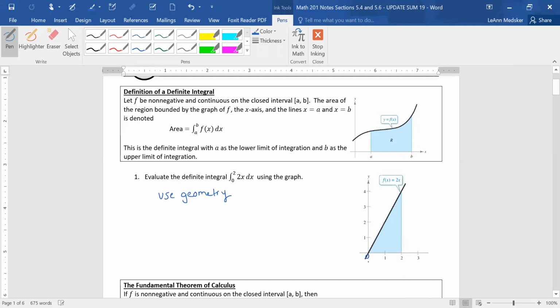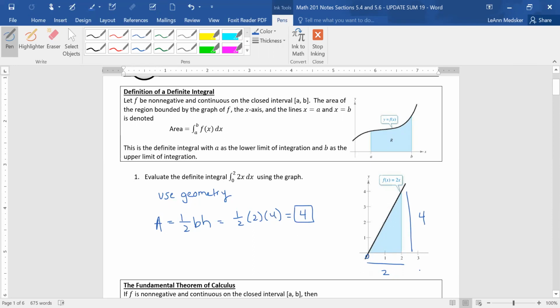This has a base of 2 and a height of 4. We can just count our actual marks. Remember, the area of a triangle is 1/2 base times height, so it is 1/2 times 2 times 4. The 1/2 and 2 cancel out, so this is just an area of 4.